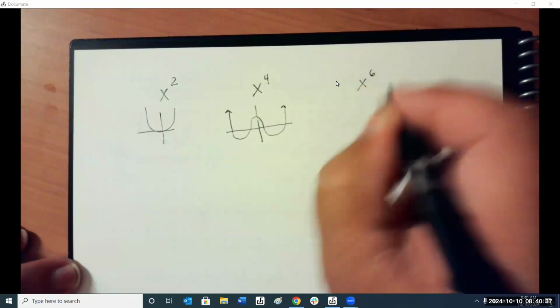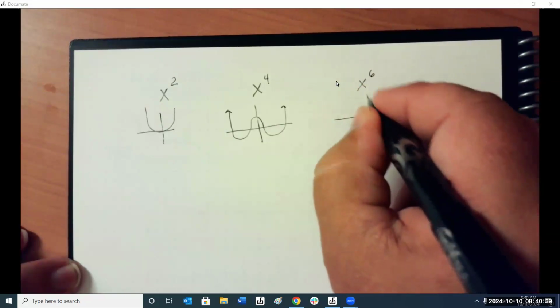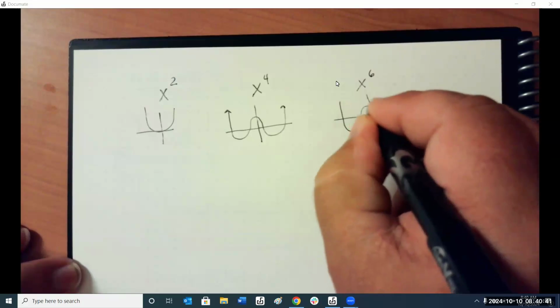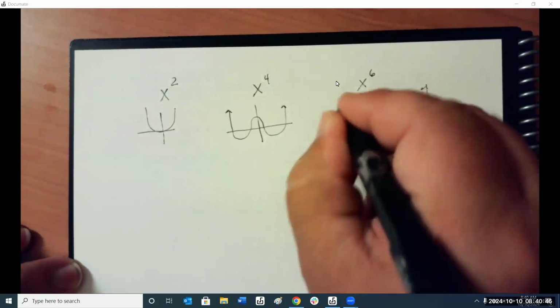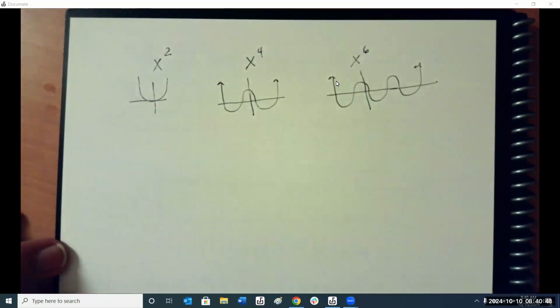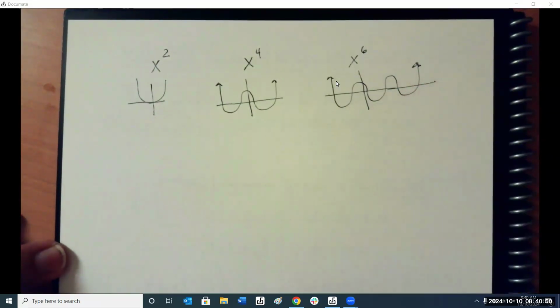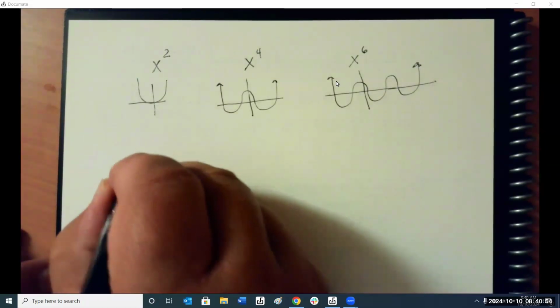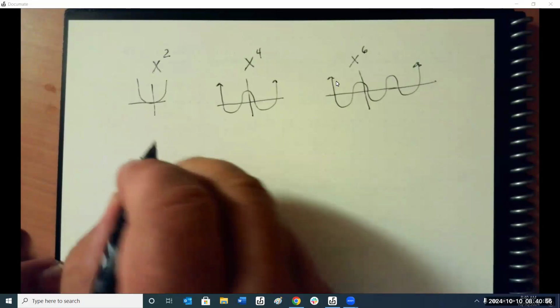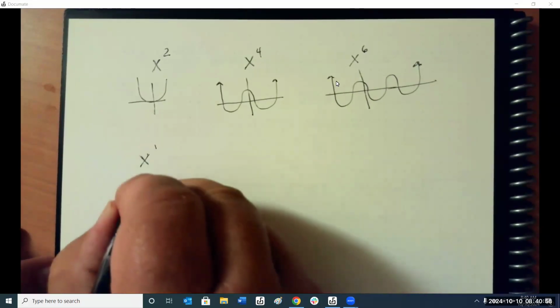If it's to the power 6, it would look something like this. What if it was a degree 1?